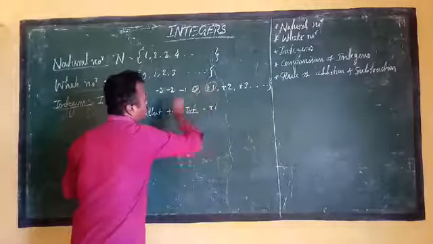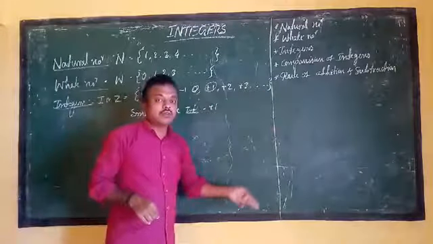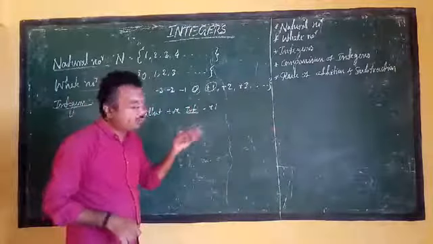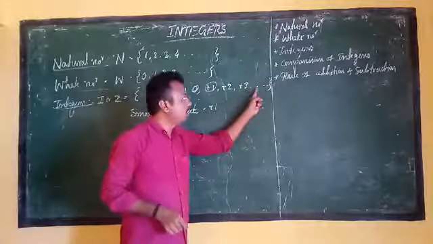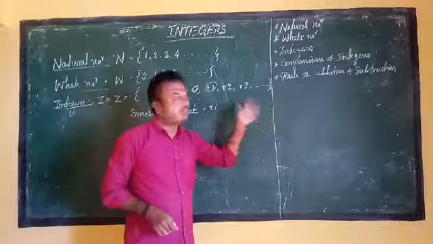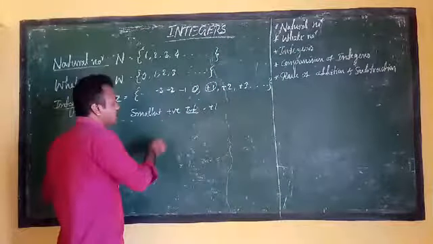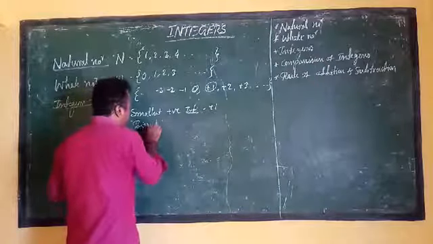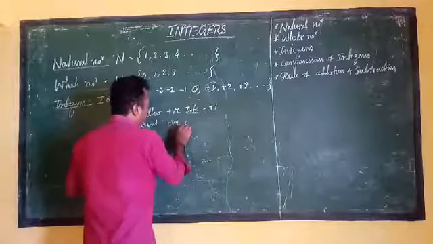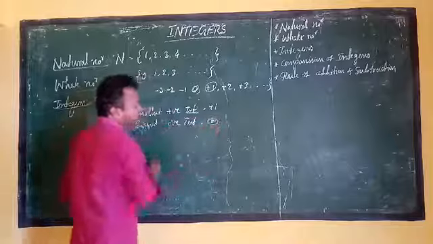So +1 is the smallest positive integer. The biggest positive integer: can you find it? No, it is not possible because it cannot be determined. Understand? It is infinity, it is endless. Therefore, the greatest positive integer is infinity. Infinity symbol like this.